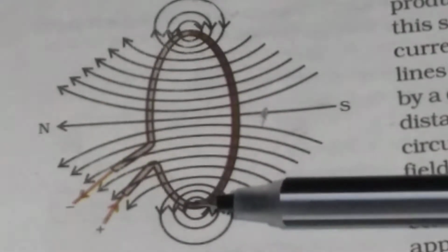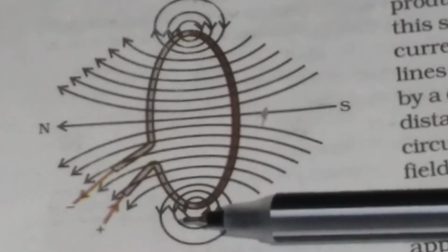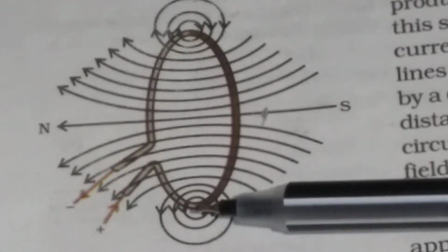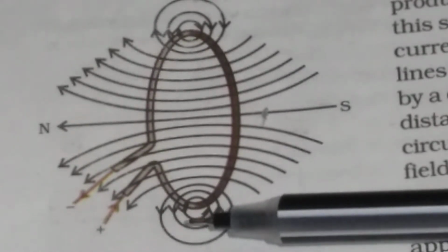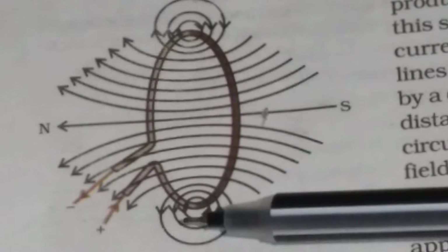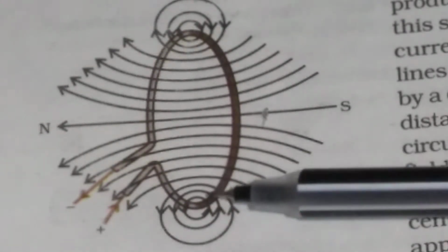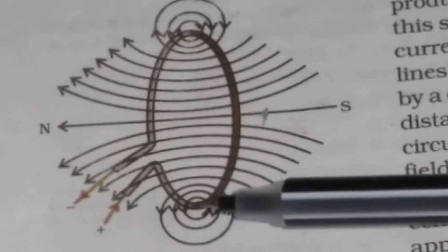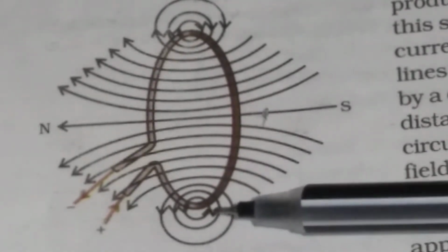Applying the right hand thumb rule at the lowest point of the coil, concentric magnetic field lines will appear in the anti-clockwise direction. Since the current is going up and you apply the right hand thumb rule, you will get concentric magnetic field lines in the anti-clockwise direction like this.